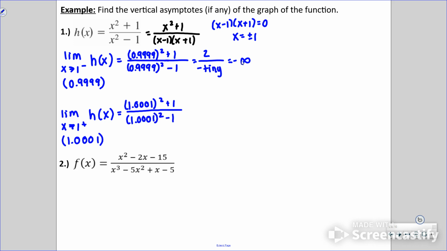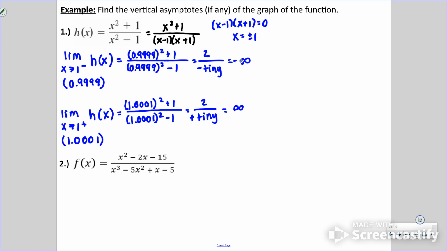So this time when I square 1.0001, I'm going to get a number that's just a little bit more than 1. Okay, so up top I'm still going to get something close to 2, because this is a little bit more than 1, plus 1, 2. A little bit more than 1, minus 1, I'm going to get a positive tiny number. So positive 2 divided by a positive tiny would go off to positive infinity.